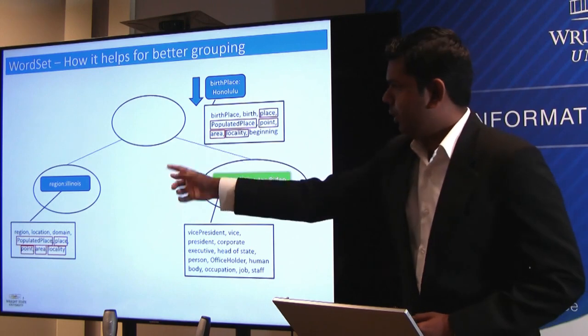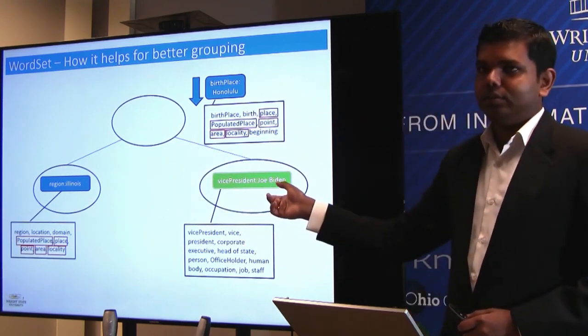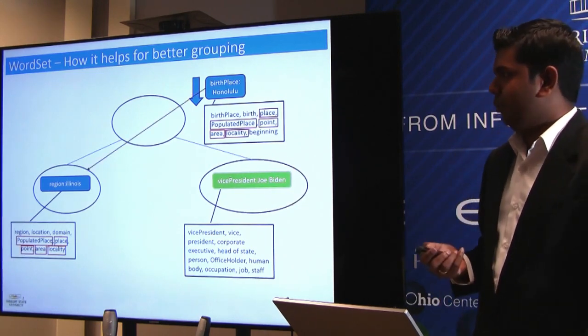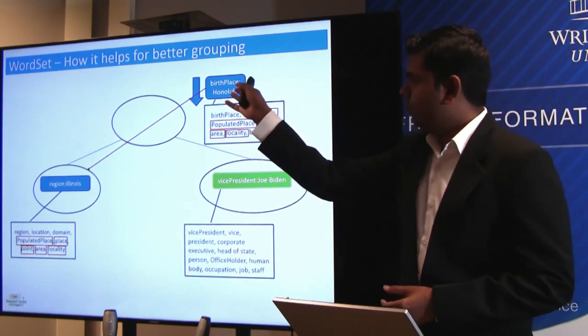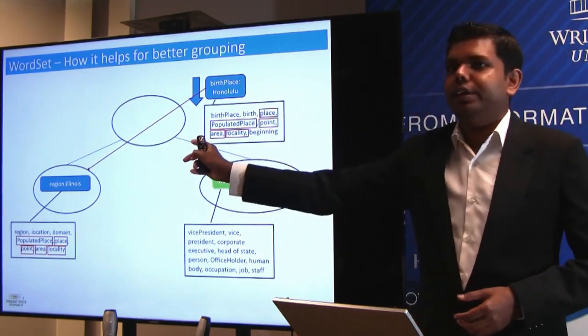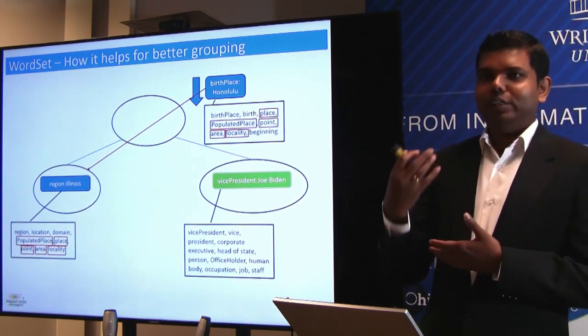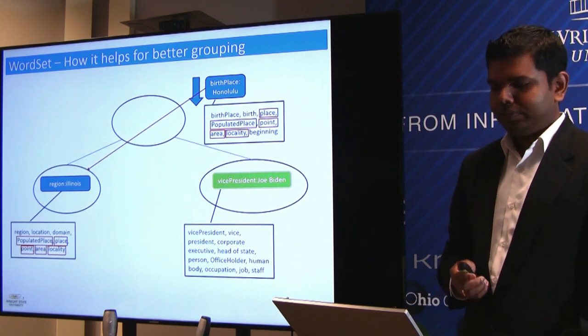So there is overlap between these two, but there is no overlap between this and this group. So it won't be grouped together. So semantically, we achieve what we intended to do. So this new item will be grouped with the leftmost group. So that's how the expansion mechanism is working inside our grouping approach.